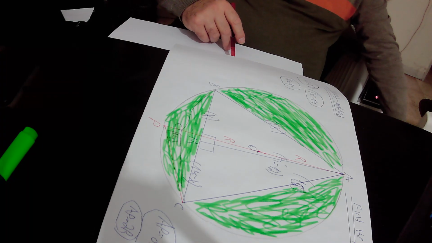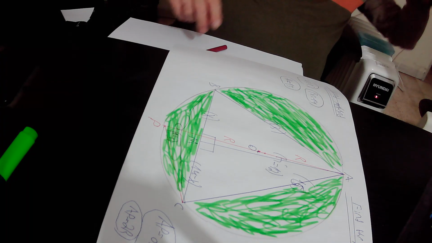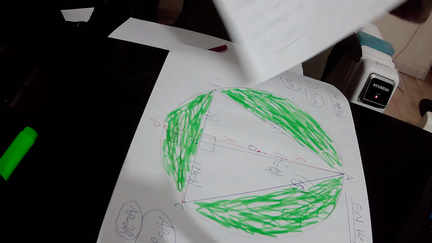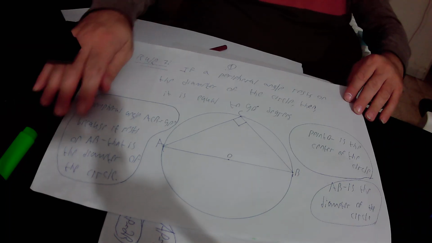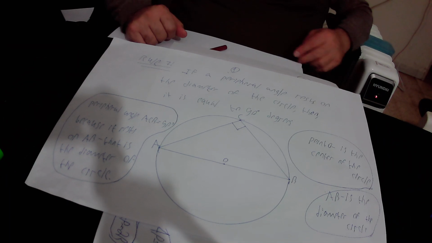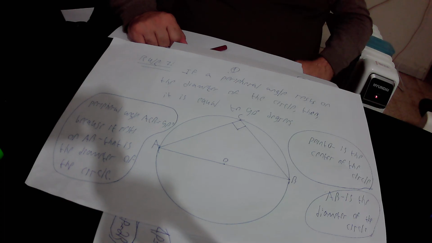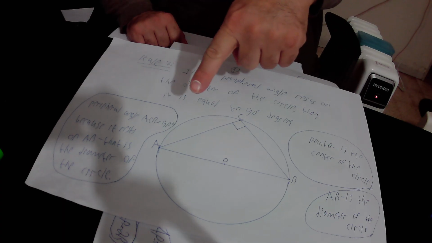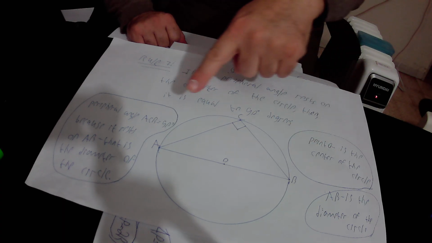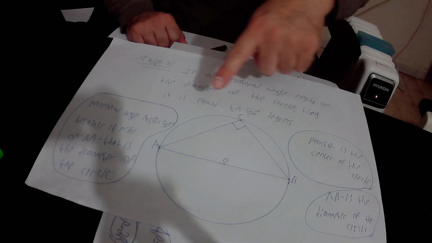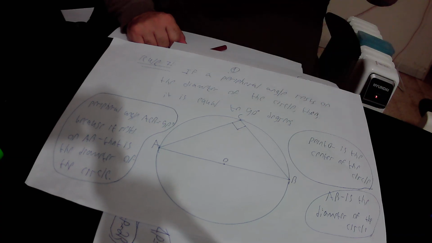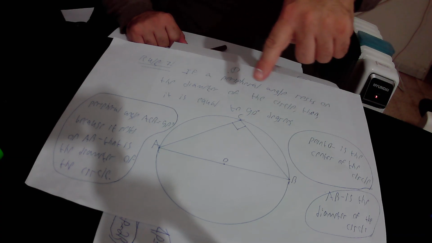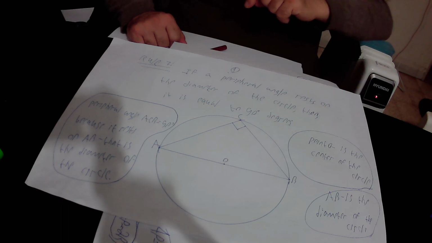Repeating rule number 7: if a peripheral angle rests on the diameter of the circle, then it is equal to 90 degrees. Here we have peripheral angle ACB that rests on chord AB, and AB is the diameter of the circle, therefore peripheral angle ACB is equal to 90 degrees.